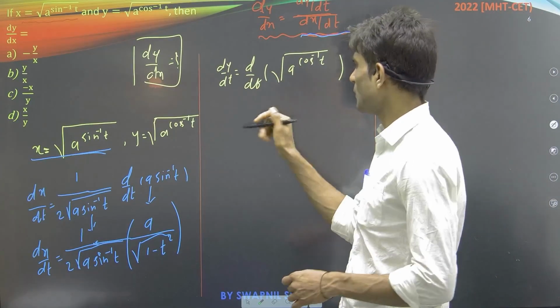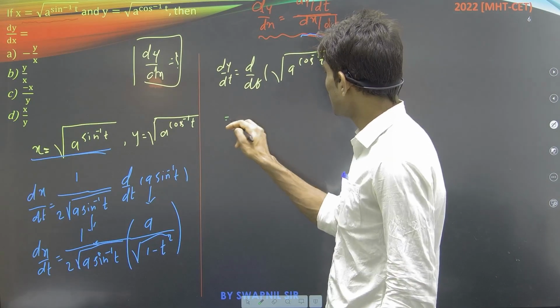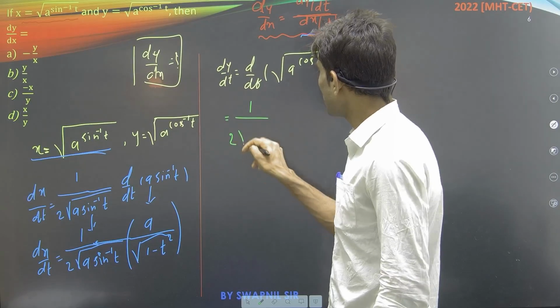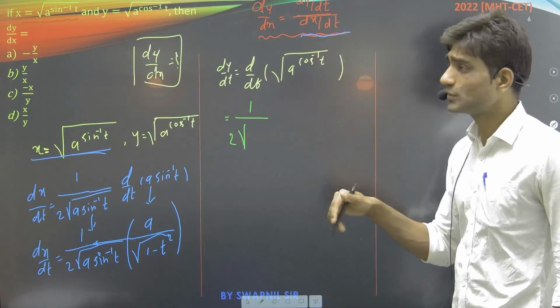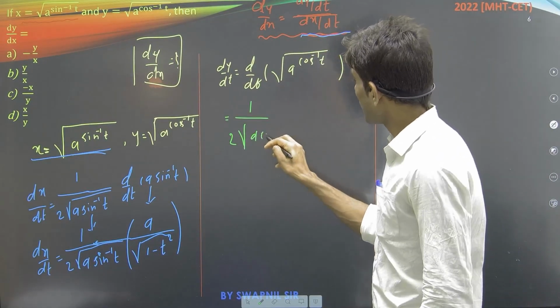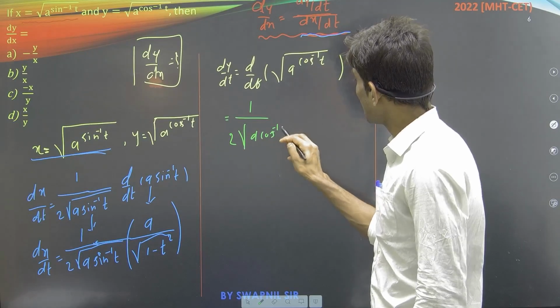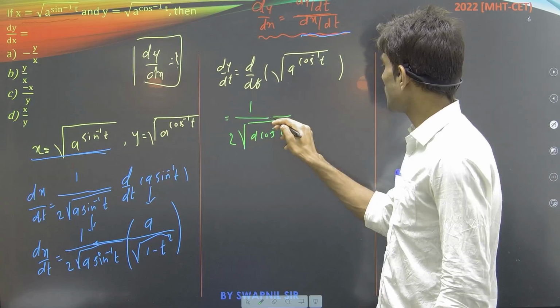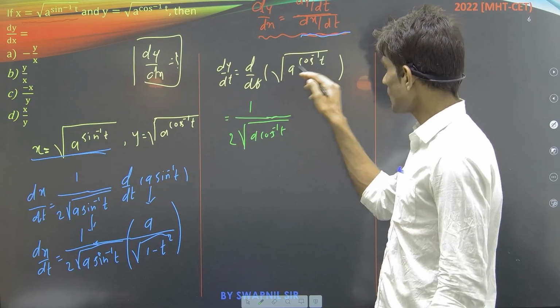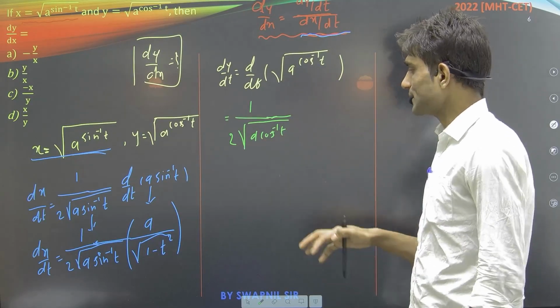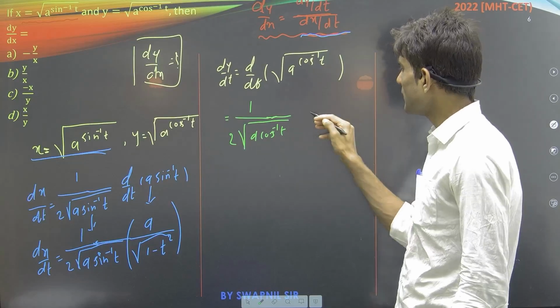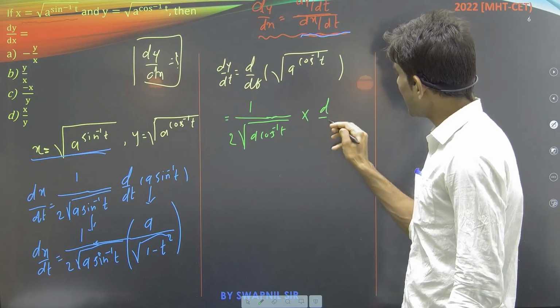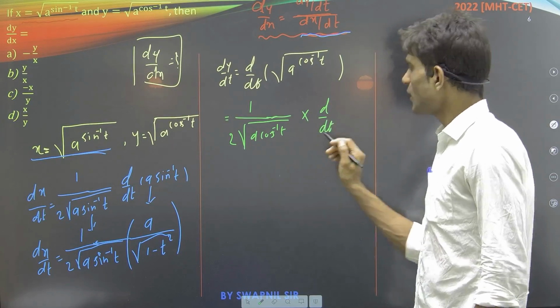So 1 upon 2 times square root of a to the power cos inverse of t, multiplied by d by dt of a to the power cos inverse of t.